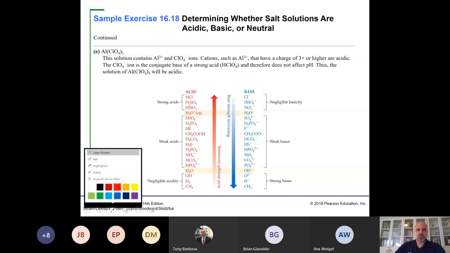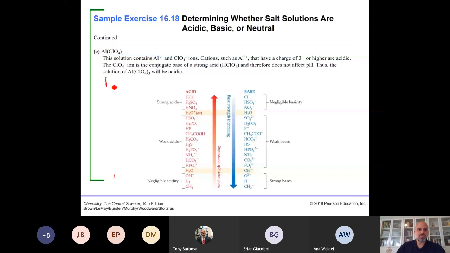Let me go through the example here, where the aluminum in the 3+ state is going to react with water. In this case, it's going to react with water to form these aluminum hydrates.